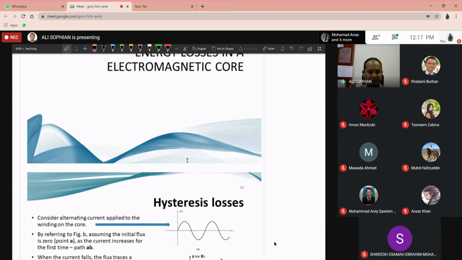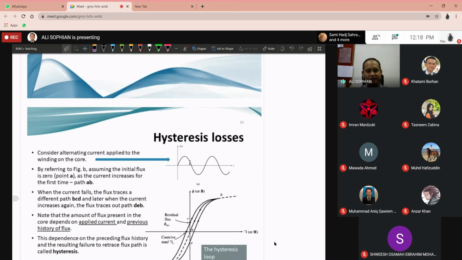So it's not happening in the coil, for example, but inside the ferromagnetic core. The first one, hysteresis losses, has something to do with the magnetic effect, while the second one, eddy current, is more on the electrical effect, if you like, although it's also caused by the magnetic field.